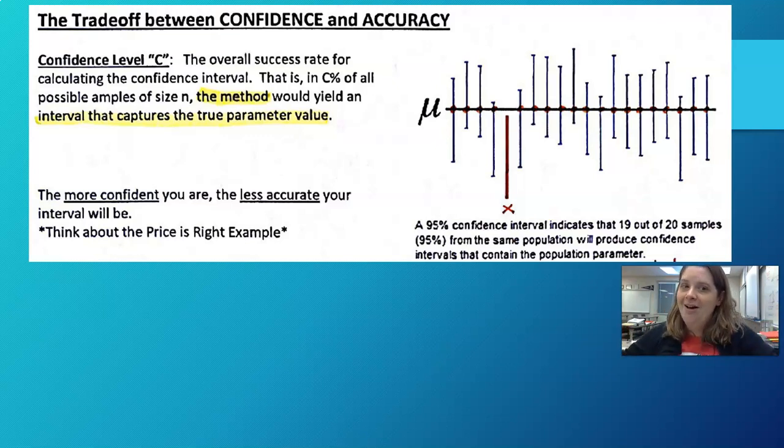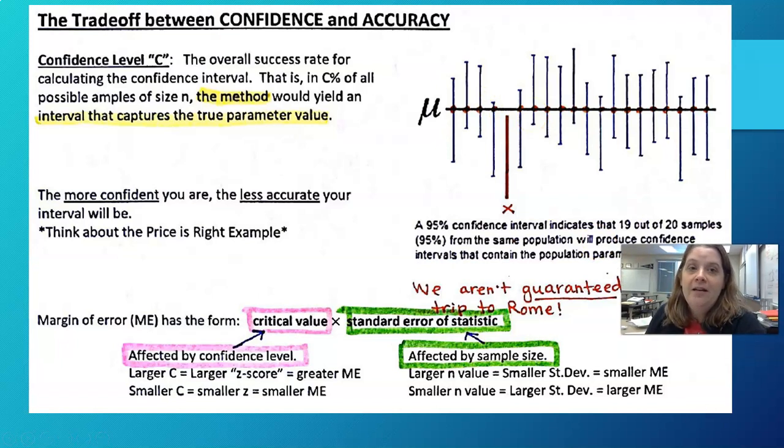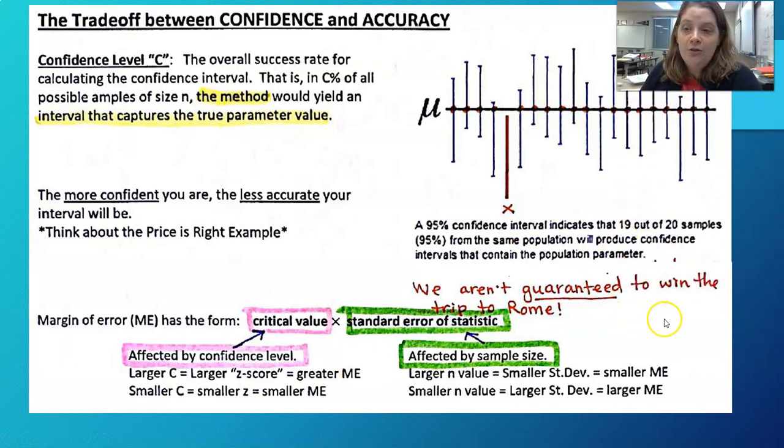Being correct is that confidence level. If the intervals were wider, we would be more confident, but because they're wider, we don't have nearly as good a guess. Remember, we're not guaranteed to win the trip to Rome, but there are a lot of things we can do to make ourselves more confident and deal with this.